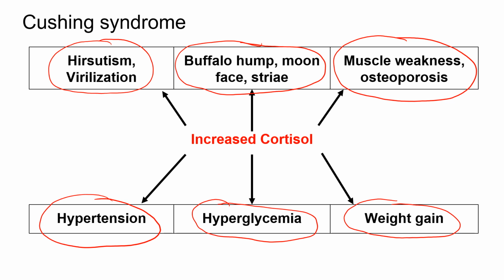And one important point, for the purposes of the NBME exam, one way they like to really test this concept is by having you compare Cushing syndrome to polycystic ovarian syndrome, or PCOS, because they have a lot of overlap. They both lead to signs of androgen excess in women.